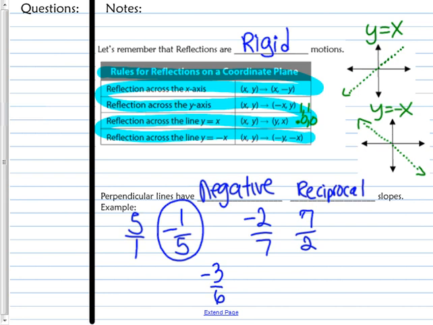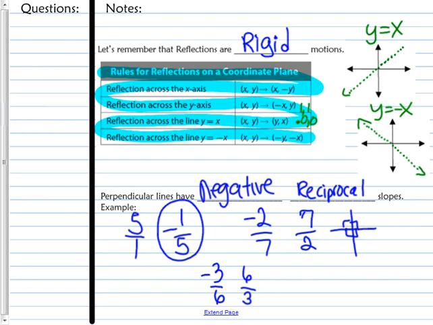Hopefully you said it would be a positive 6 over 3. So it flips upside down, and it's the opposite sign. Okay? Those are perpendicular lines. Lines that are perpendicular to each other have negative reciprocal slopes. The intersection of perpendicular lines creates right angles, and their slopes are negative reciprocals of each other.